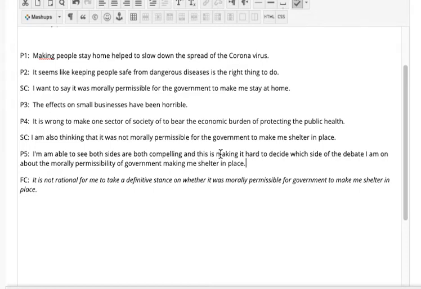I think that the prompt for you guys, I might have been misremembering it. I think I asked you whether it was morally permissible for the government to make people or its citizens shelter in place. So make sure that you go with whatever the wording is in the prompt that I gave you. Okay, so do you see how this more clearly and exactly expresses the idea I'm torn?